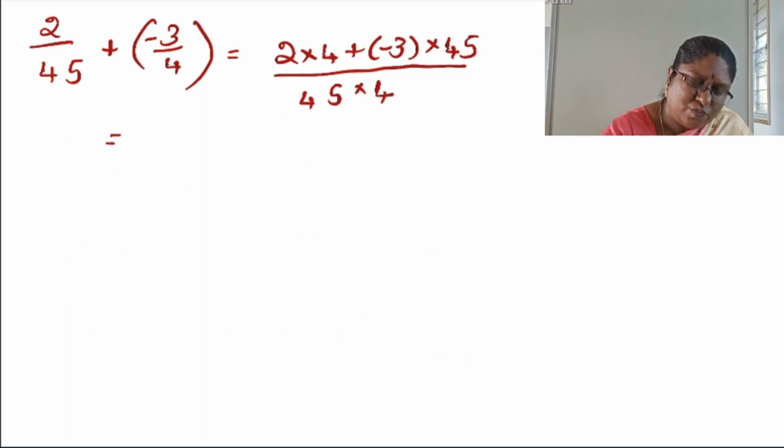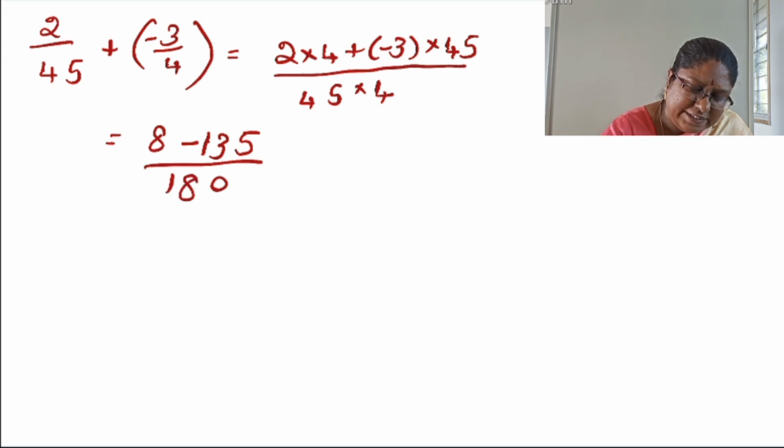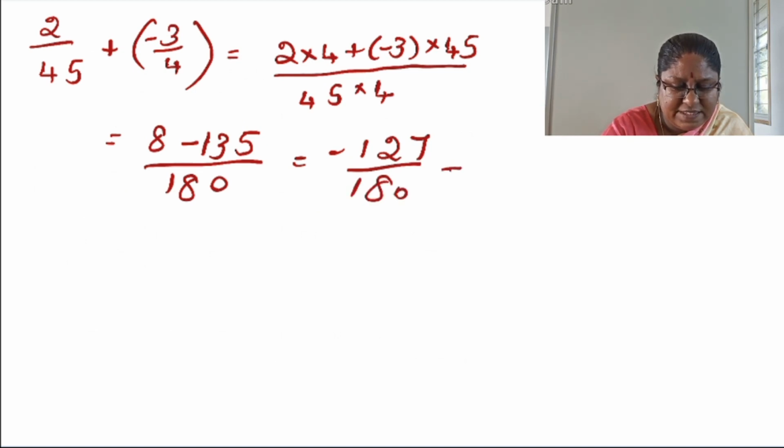Multiply it. 2 fours are 8, and here minus 135. Here you will have 180. So the answer is minus 127 by 180. Keep this as 1.